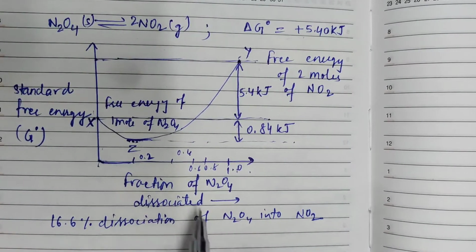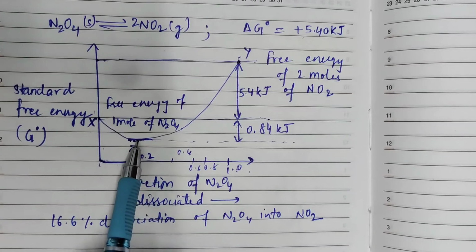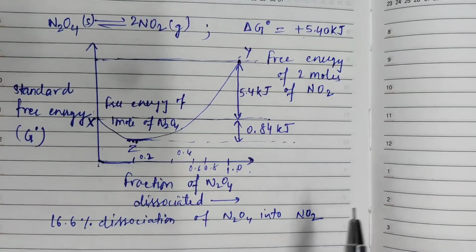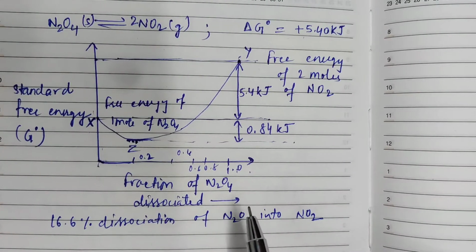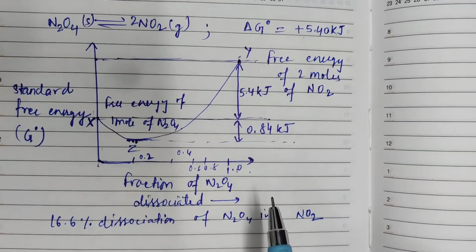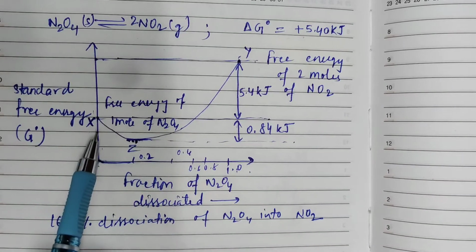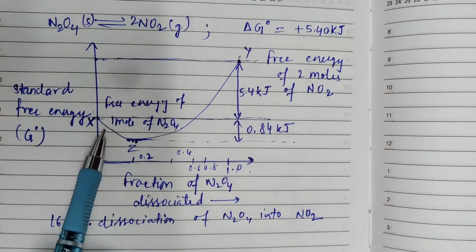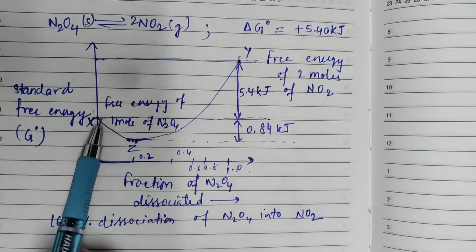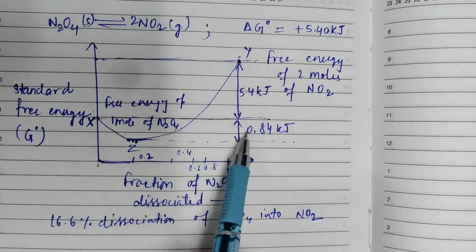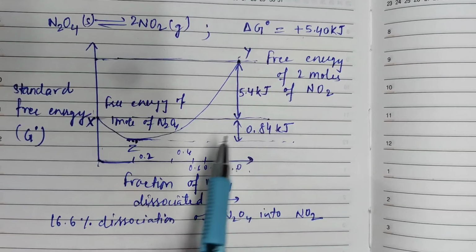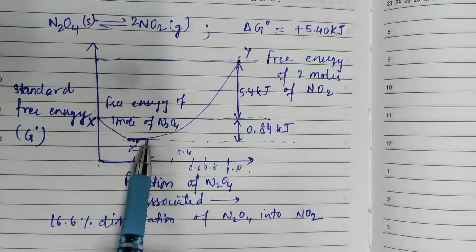At this point, the free energy is minimum. At the equilibrium point, the free energy is minimum. The standard free energy of the reaction mixture at the equilibrium point is less than that of the pure reactant, and the free energy of the pure reactant is 0.84 kilojoule more than the free energy at the equilibrium.